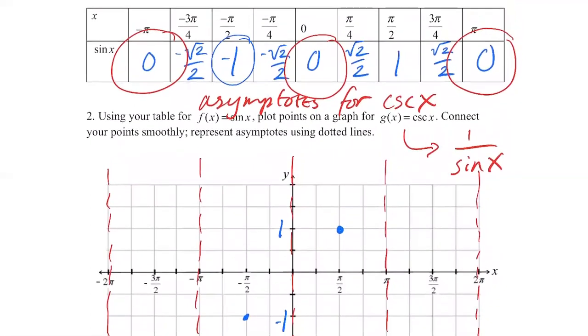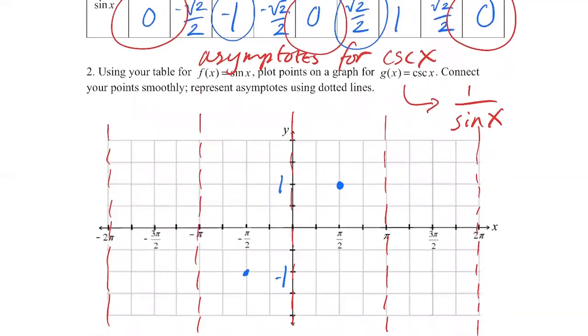Now let's look at what happens with some of our other values. If we are looking at pi over 4, say we're doing root 2 over 2, when we do 1 over root 2 over 2, that gives us at pi over 4 again the value 1.4. And on the negative side, we see similar behavior.